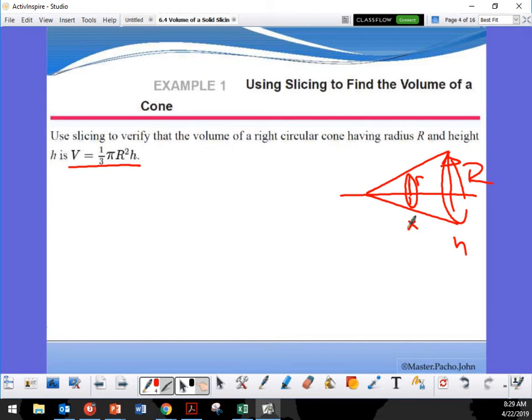So h would be the height of the cone, right? Yeah, where x is the height at some point, in relation to r, the radius at that point. They're similar, so they're going to be proportional to each other. Wherever this r is, I'm going to have another r somewhere over here, proportional to the height h is to x. So r to x is proportional to big R to h.